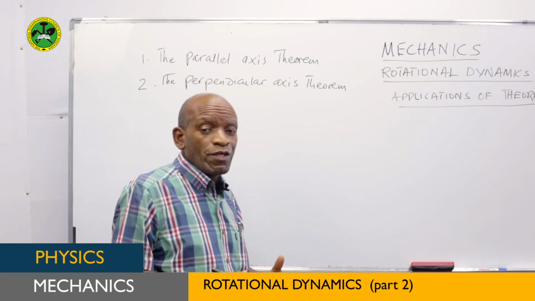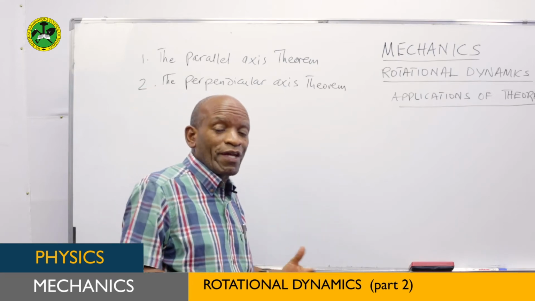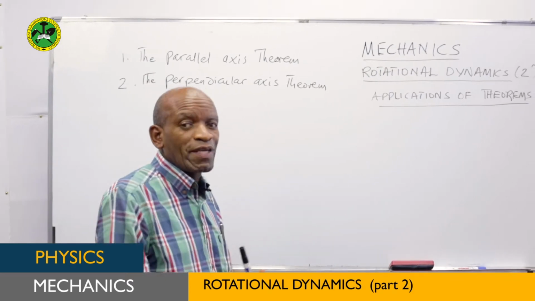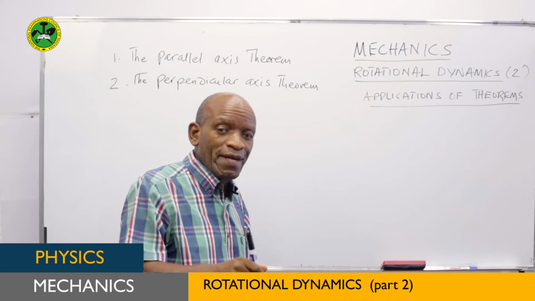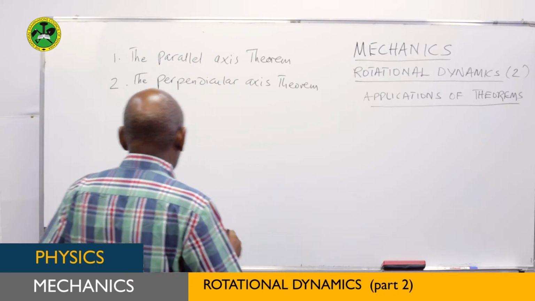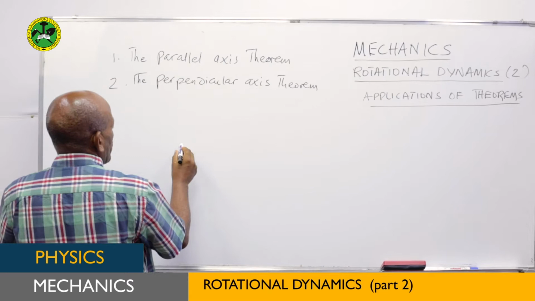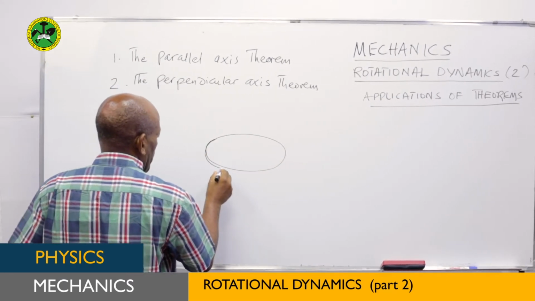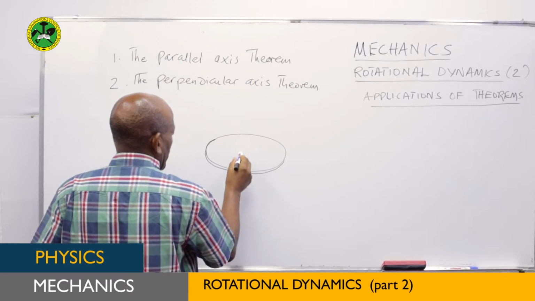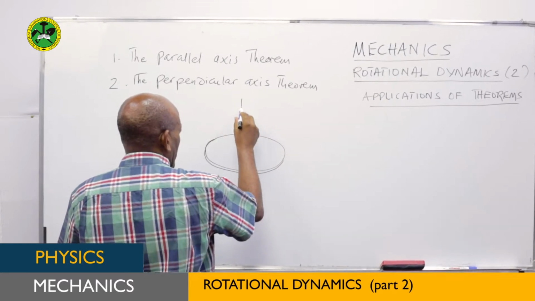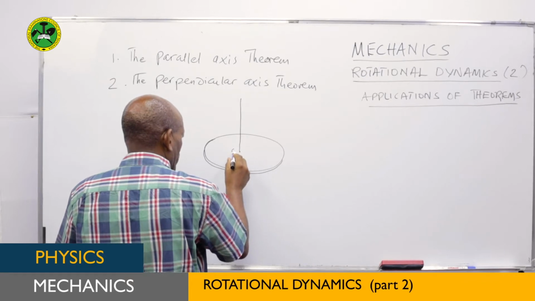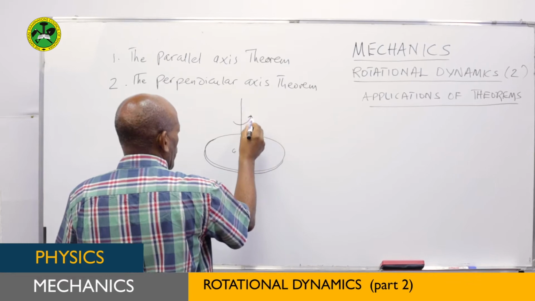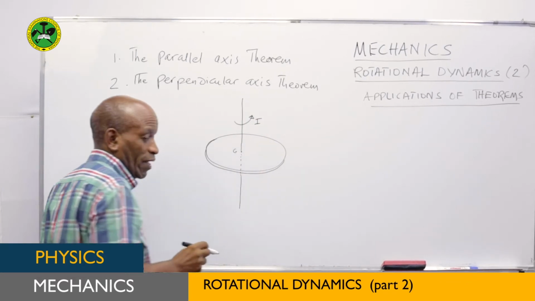For example, if you are given a circular disk, and you are rotating the disk about an axis which is passing perpendicular through its plane, through its center. So we have a circular disk like that, with an axis passing through its center of gravity, G. We are looking at the moment of inertia through that axis.